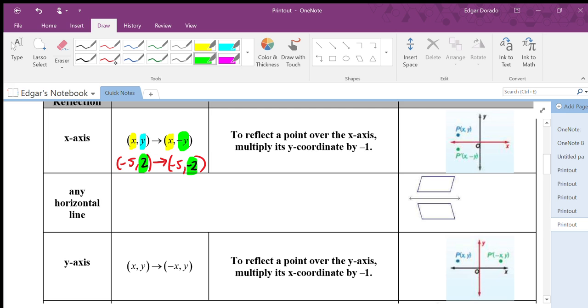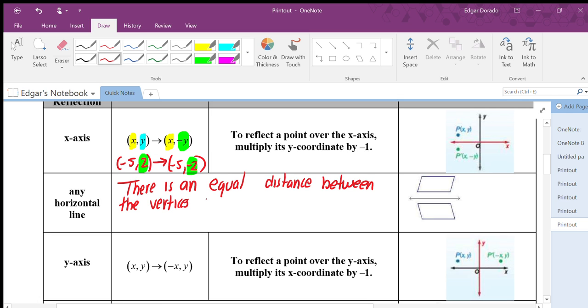Go ahead and write this down: there is an equal distance between the vertices of the images and the line of reflection. I'll explain what that means a little more in a second.